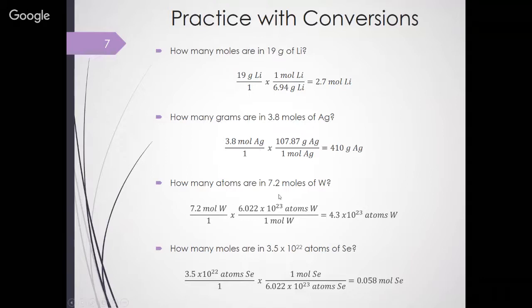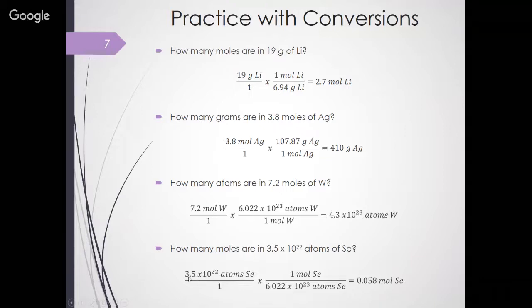How many atoms are in 7.2 moles of W, which is tungsten? I have my moles. I want to know atoms. So anytime I'm looking at atoms, I'm going to involve Avogadro's number, 6.022 times 10 to the 23rd. In order to cancel out my moles, I have to multiply by Avogadro's number. I round to 2 sig figs to get 4.3 times 10 to the 23.